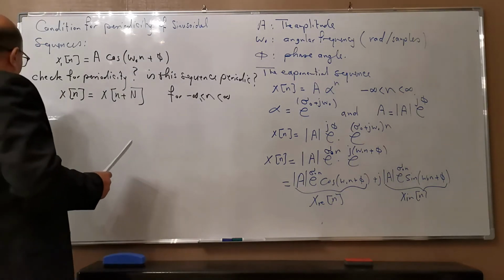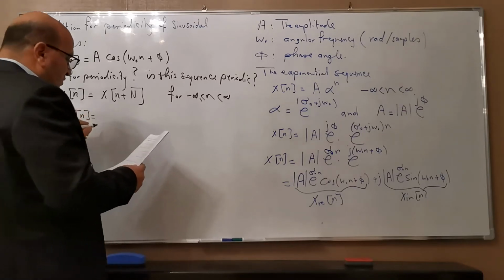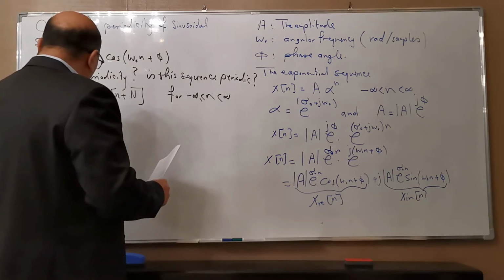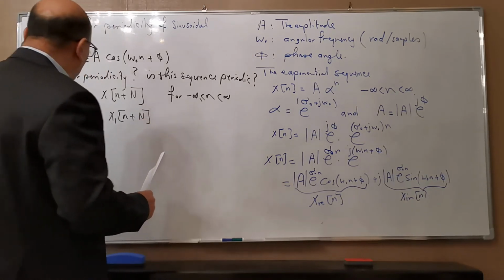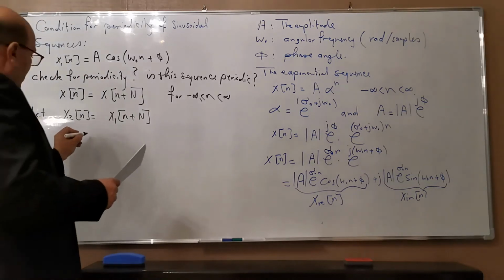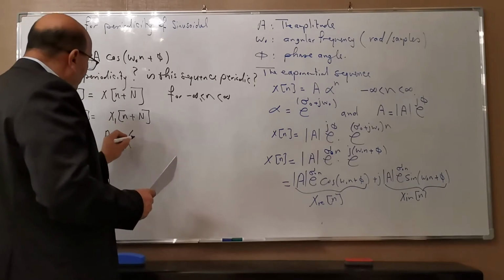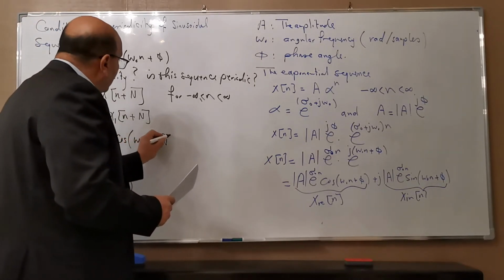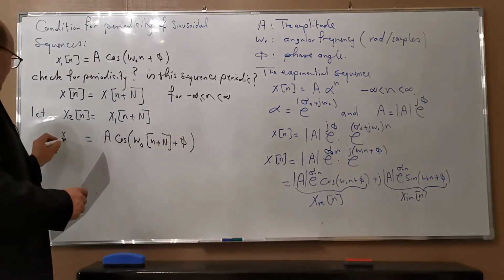So if we let x2 of n equal x1 of n plus capital N, this will be a cosine omega 0 n plus capital N plus phi. So this is our x2 of n.